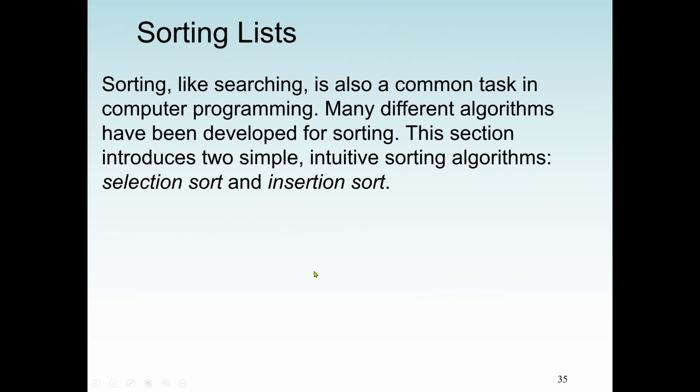Because in binary search we also do sorting, we want to go through some sorting concepts. Sorting, like searching, we can use a lot in lists, and it's also used in many programming tasks. Many different algorithms have been developed for sorting, but this session will introduce only two simple ones, actually the selection sort alone.